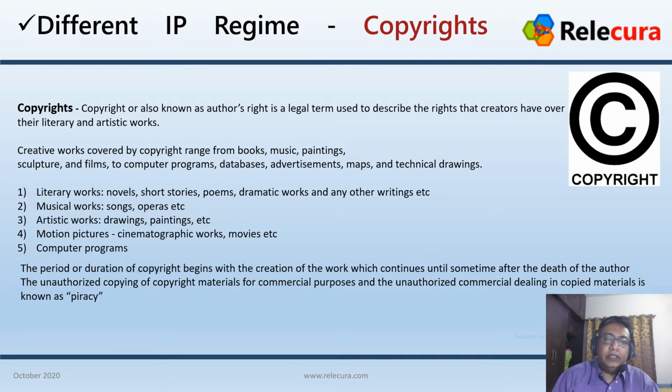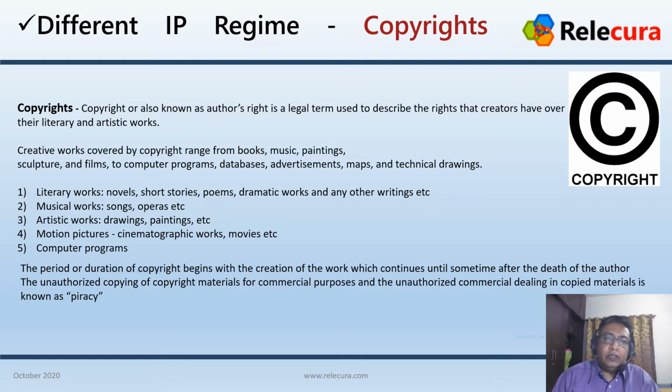If we see the duration of the copyrights, it starts with the creation of the work and it continues until some time after the death of the author. The most common thing we hear under copyrights is piracy. Now, in order to understand piracy, it's very important to understand copyrights.